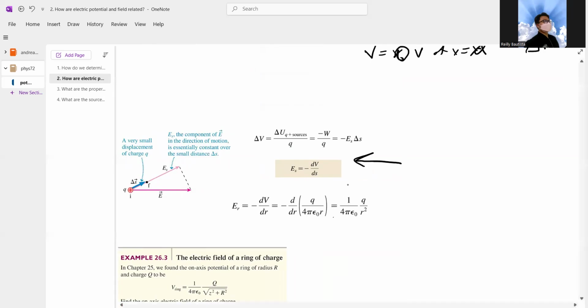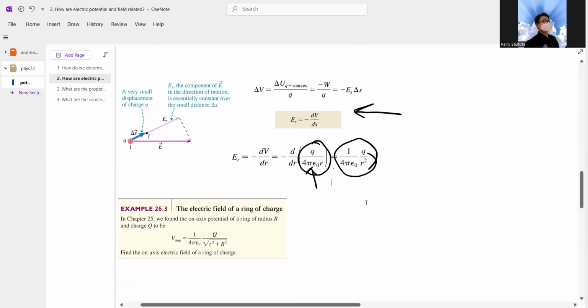We could apply it in a simple example like this one: the potential of a point charge along dr, just the straightforward radial distance from the center of the point charge. And we get the following electric field, which is a very familiar form.